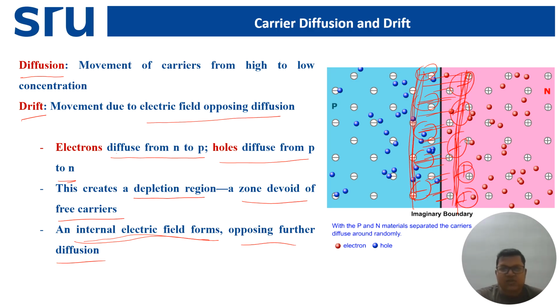Because of this positive and negative immobile charge piled up at the junction, an internal electric field is formed. Finally, this internal electric field will oppose the diffusion process, right?